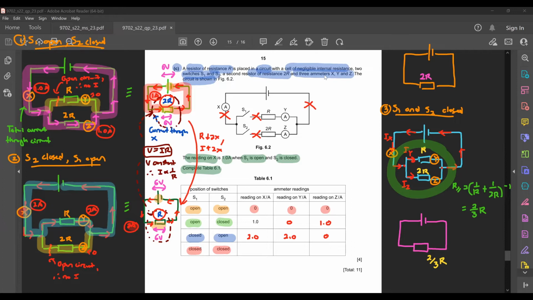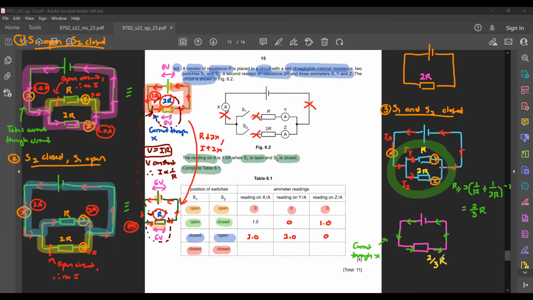Now, from here, you can again see that there's a total current flowing through your circuit like this. This one will be the current through ammeter X again. Now, I want to find out what this current is. The best way to go about this is to make a comparison with one of the earlier circuits that I've done.